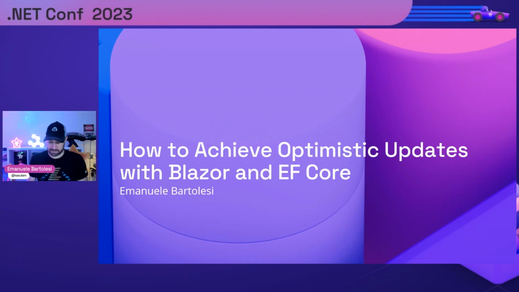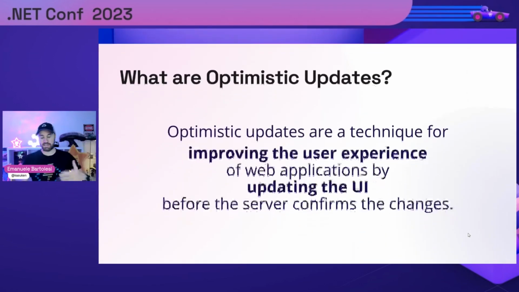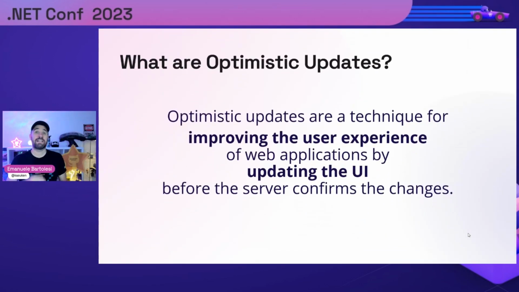Thank you for sharing my screen. So first of all, as developers, we are, let's say, pessimistic people. Every time we think about the most pessimistic scenario that we can have when we click on a button or stuff like that. This is why other frameworks like React or Angular implement optimistic updates almost by default.